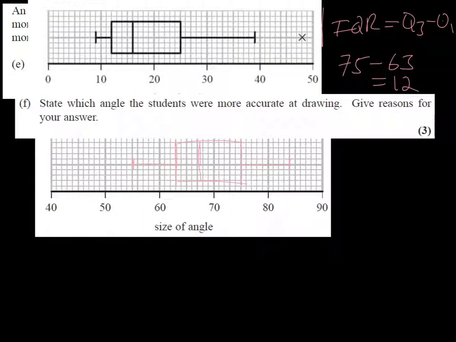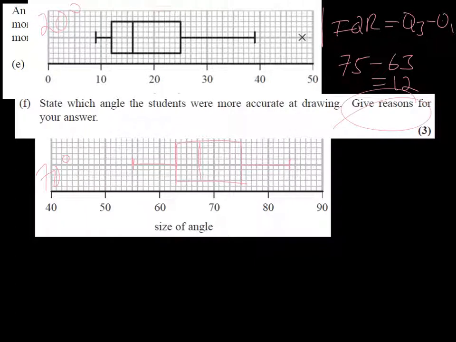Finally, in part F, we're asked to state which angle the students were more accurate at drawing, and we're asked to give reasons for your answers. So we've got both the box plots, so this is 20 degrees and this is 70 degrees. And what you want to do here is compare, first of all, the interquartile range.